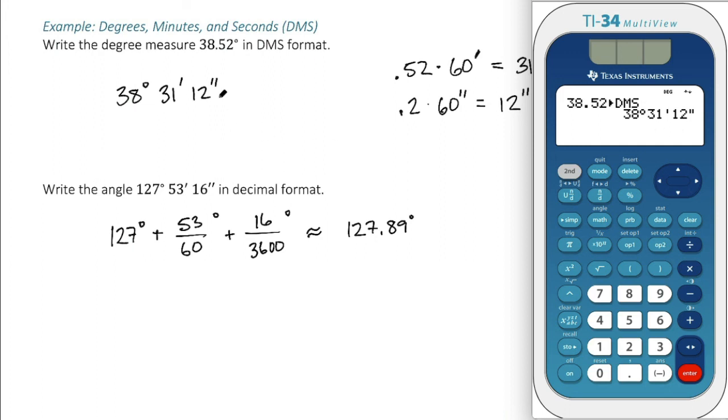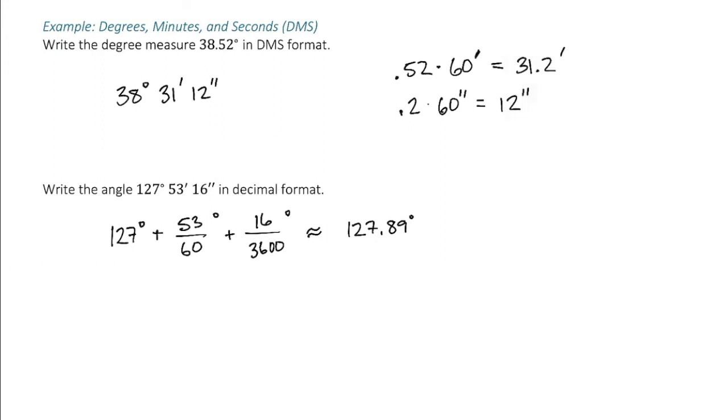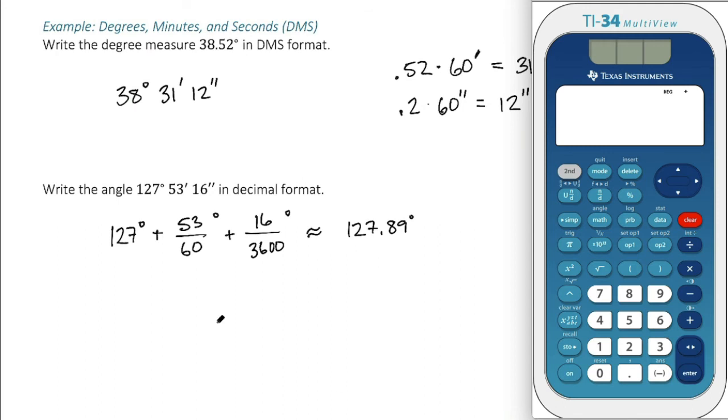Now to get degree minute seconds into decimal format, we simply type this in with those units, and it'll give us the decimal form. So 127, again into angle and degrees, that's that first one there.